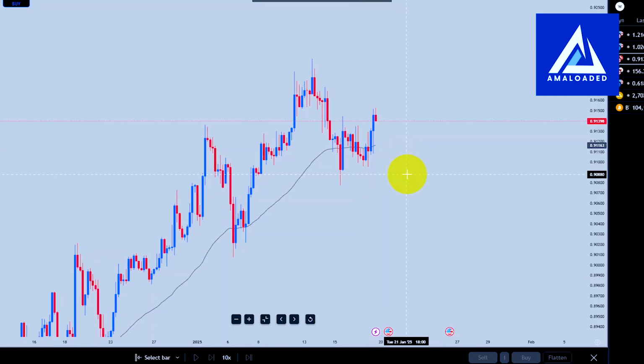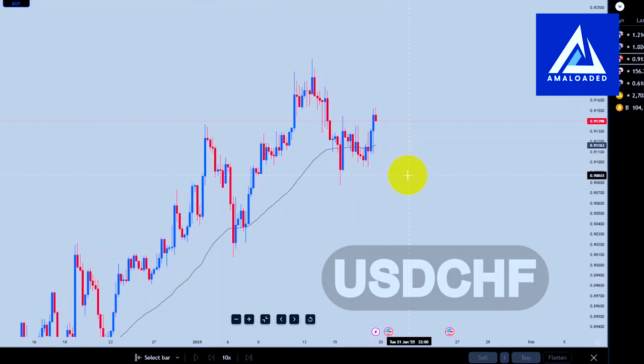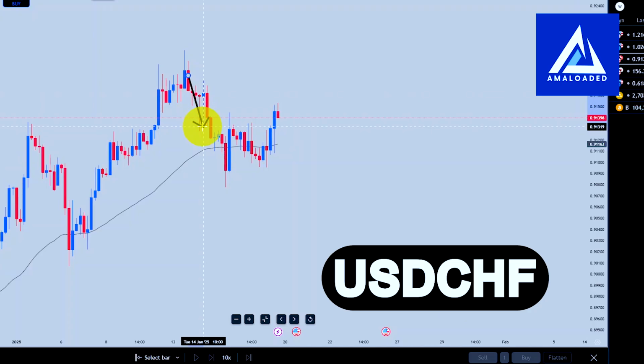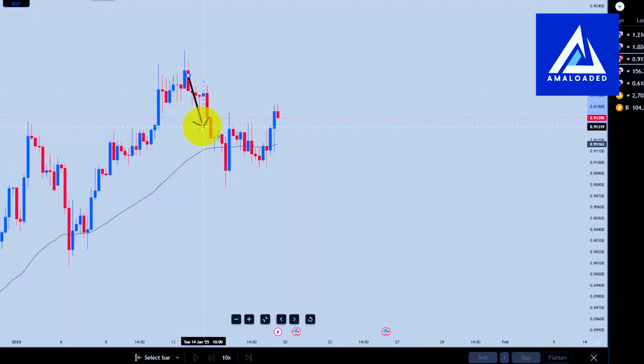Looking at the overall market condition on USD CHF, the current price action shows that the sellers have been taken out of the market. The buyers are now ruling the market. Last week price action sold massively, whereby price action formed low, lower high, lower low.